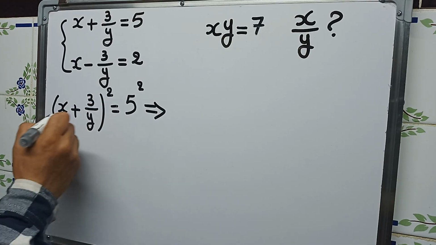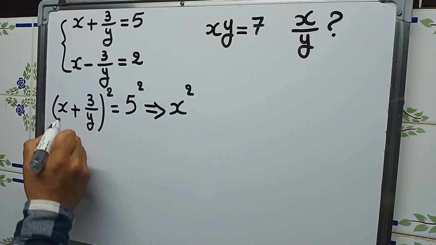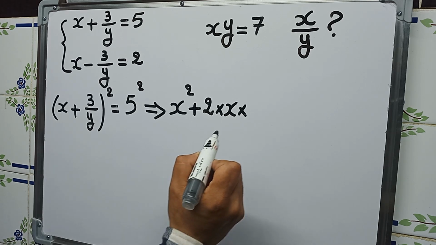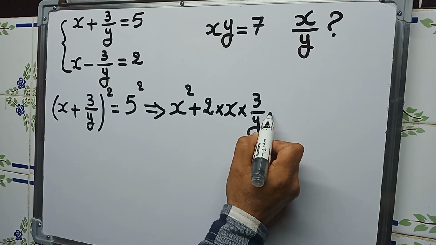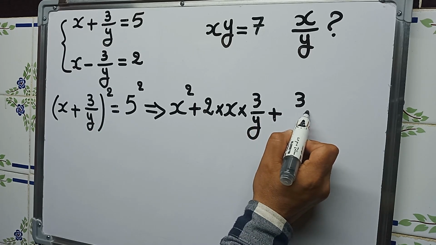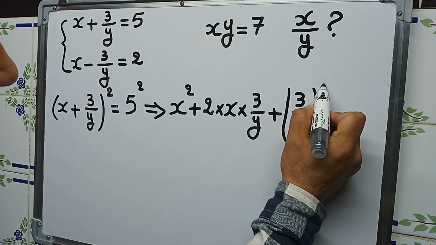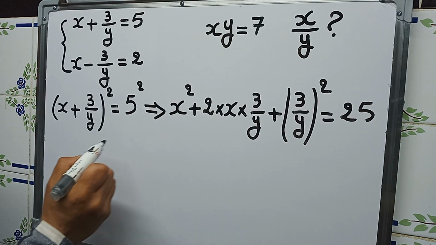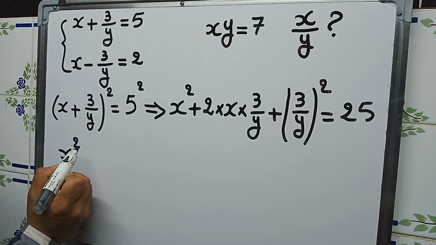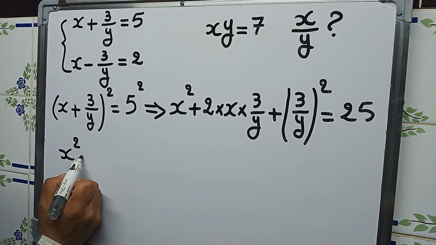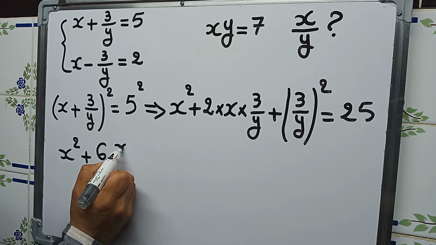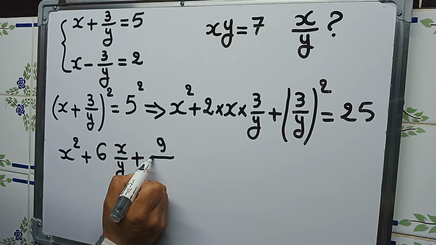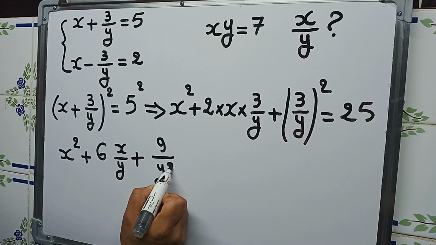And this means x squared, the special product, plus 2 times x times 3 over y plus 3 over y squared, is equal to 25. So x squared plus 6x over y plus 9 over y squared is equal to 25.